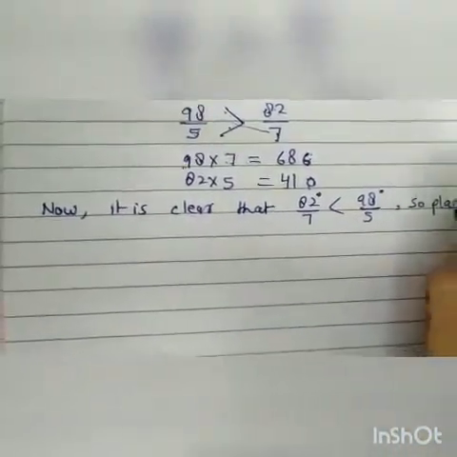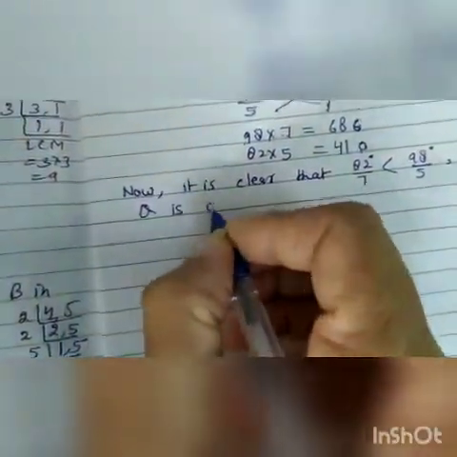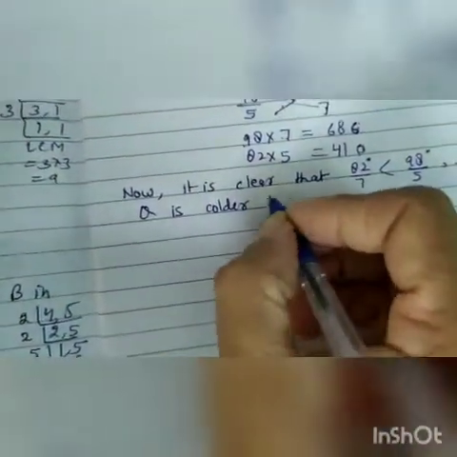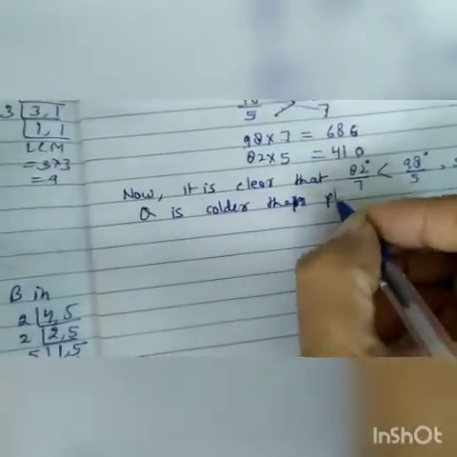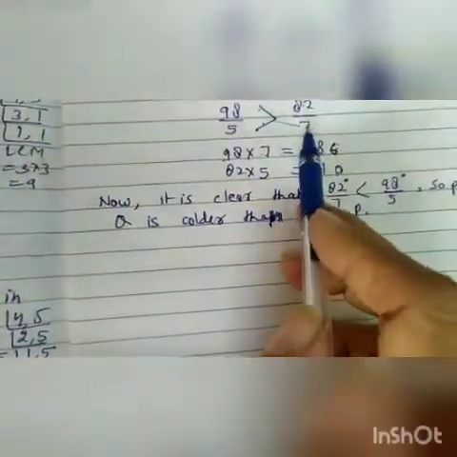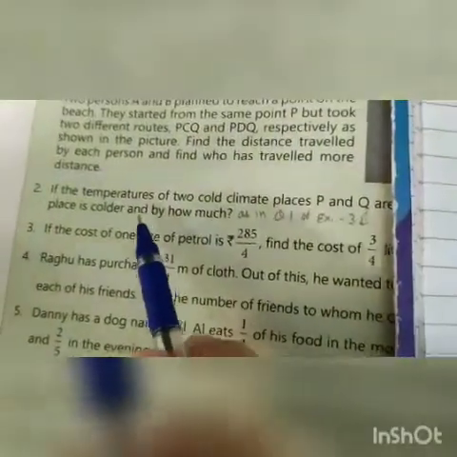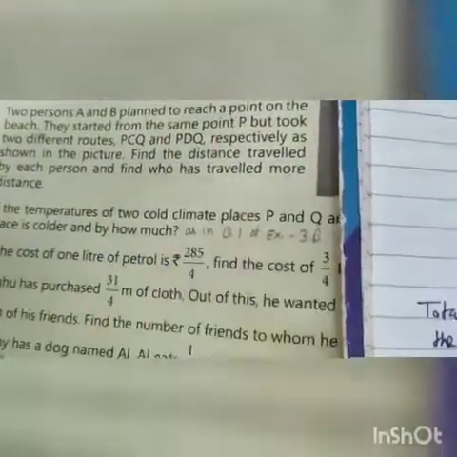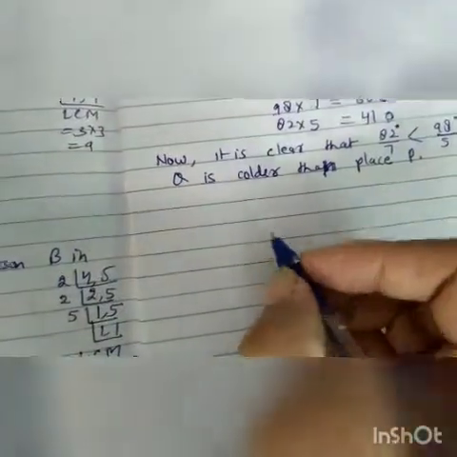So place Q is colder than place P. It means this one is colder, place Q is colder than place P. In this question we are asked also by how much. We have to find how much temperature. So what we will do?